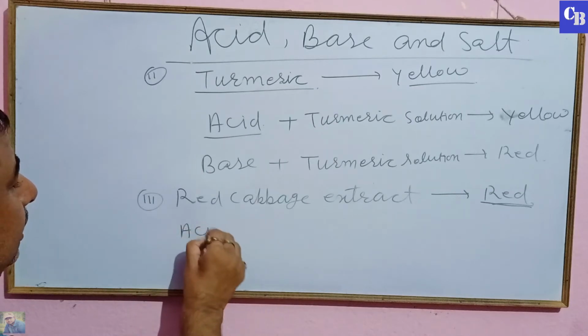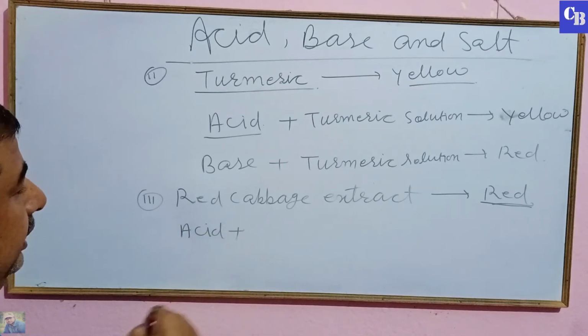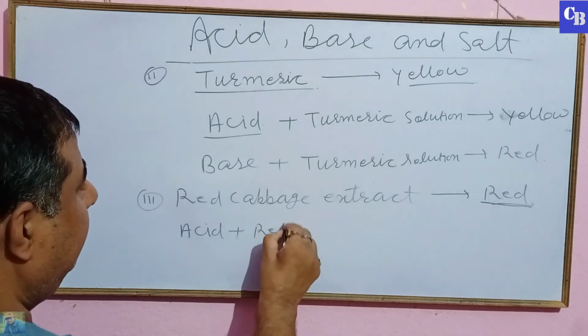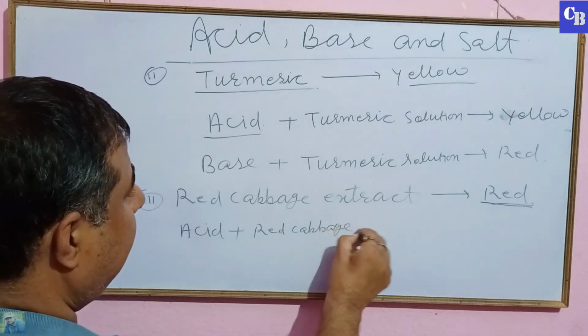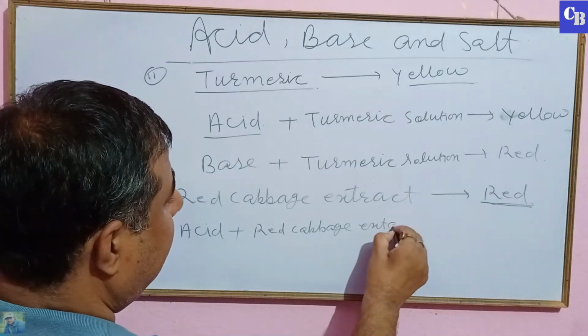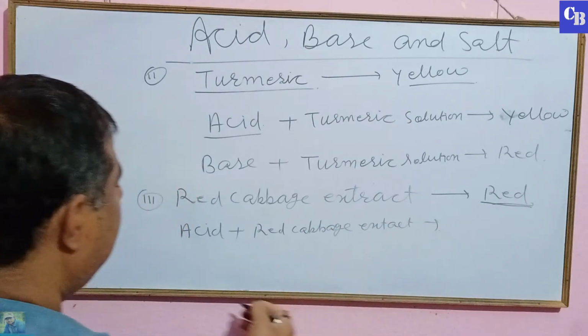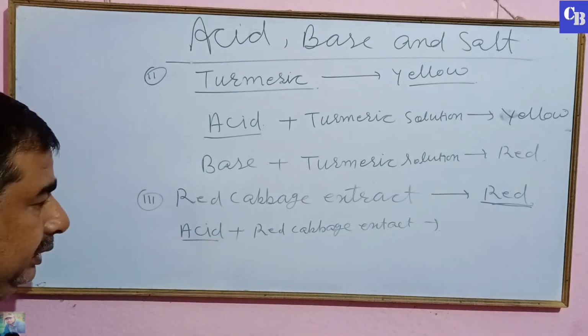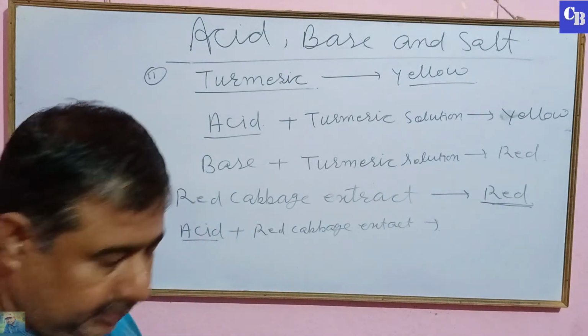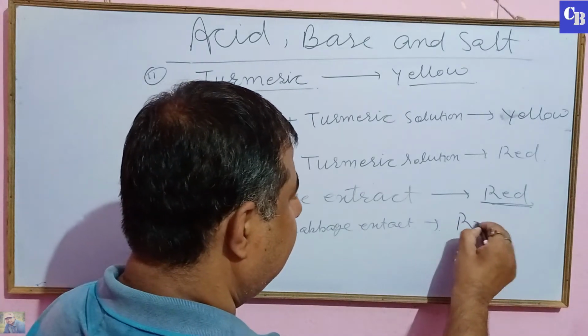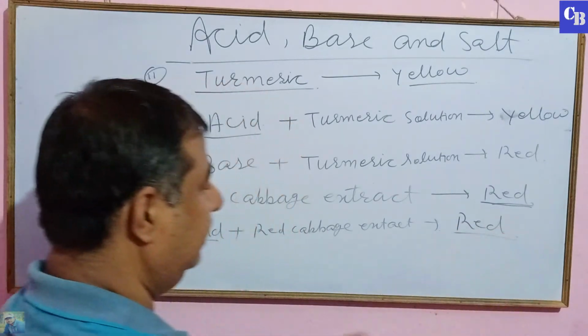When red cabbage extract is added to acid, it remains red, with no color change.